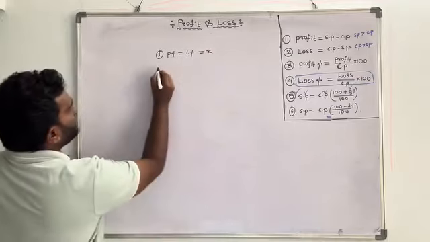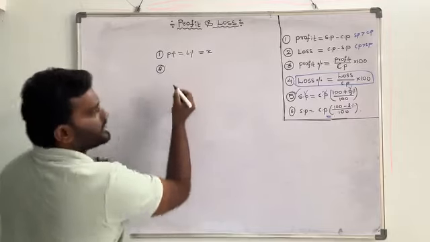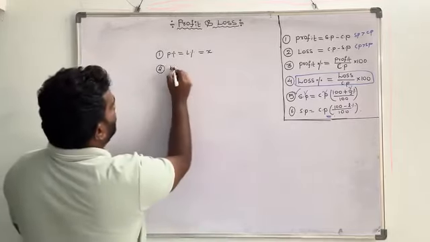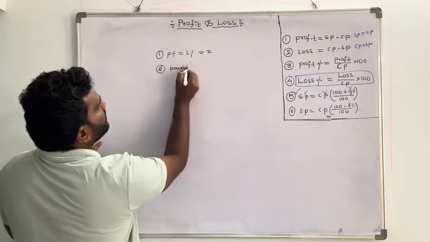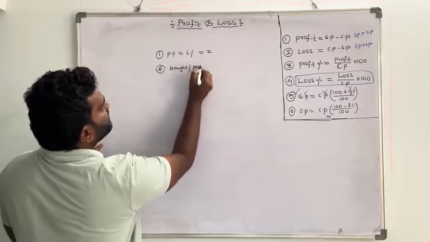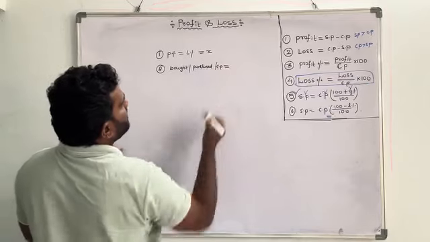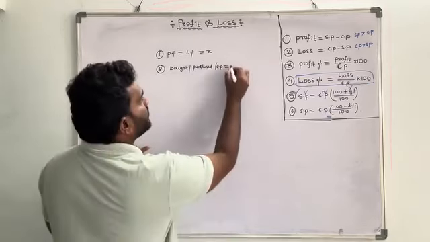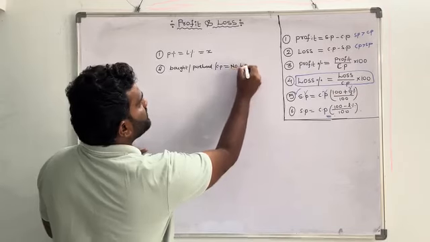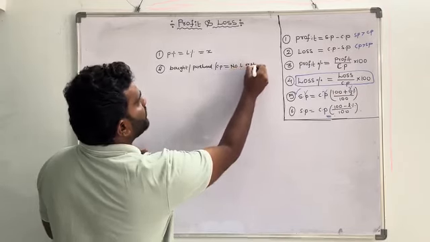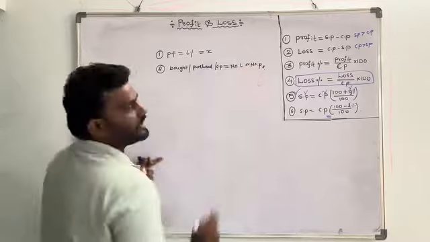In the first case, whenever the question starts with bought or purchased, or cost price, then the answer will be no loss, no profit. So this is the answer for the third question.